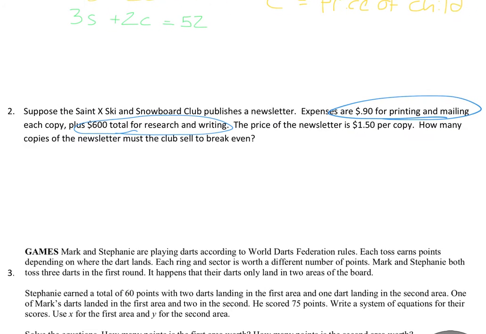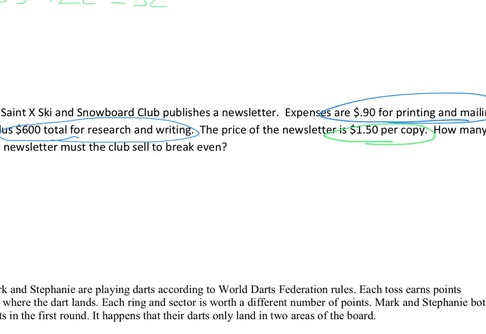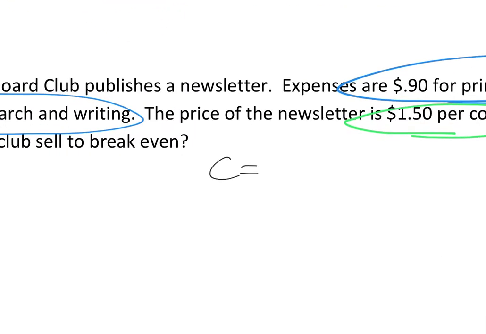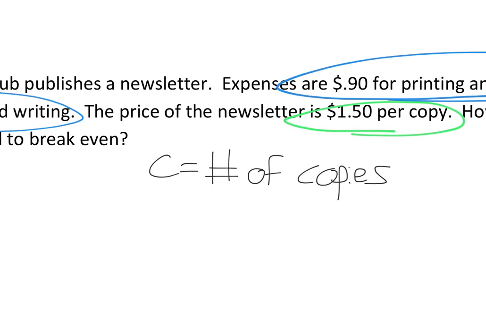That's a starting value, and then a change. And then this one says the price of the newsletter is $1.50 per copy. How many copies of the newsletter must the club sell to break even? So basically what we're doing here is C is going to equal number of copies, because they're telling us to find the number of copies.